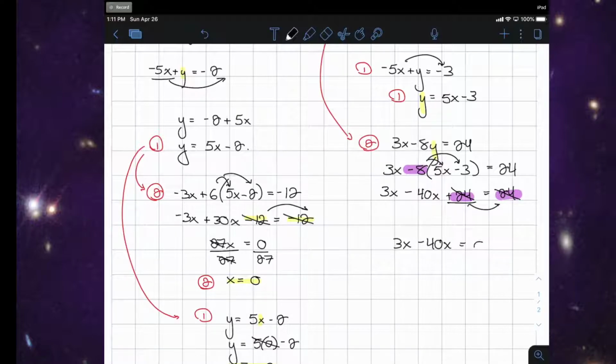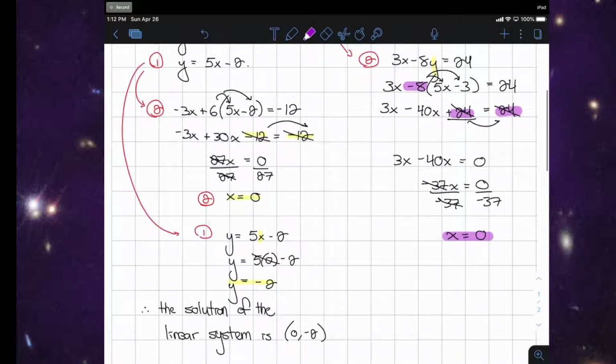And then there's just nothing on the other side because the 24 is canceled out. So then I get 3x minus 40x, that's negative 37x equals 0. If I divide both sides by negative 37, 0 divided by anything is still 0, so I get x is equal to 0, just like I had in the previous question. So we definitely see some similarities between question 9 and 10.